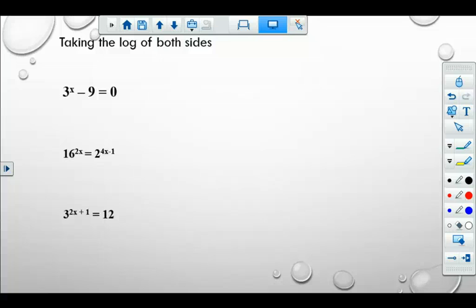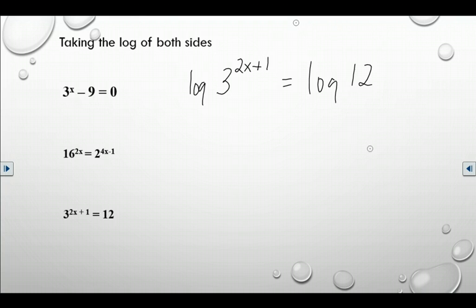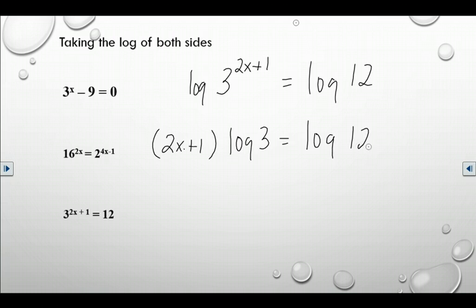So this is going to be log 3 to the 2x plus 1 equals log 12. 2x plus 1 log of 3 is equal to log 12.